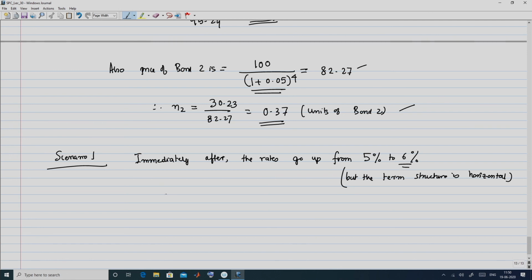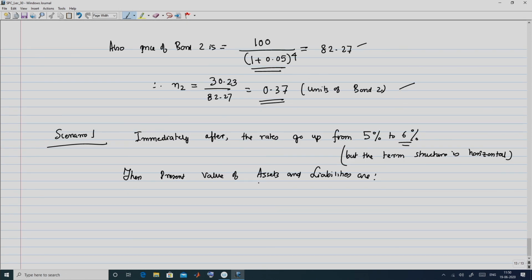Then what are the present values of assets and liabilities going to be? Let me do the liabilities first.